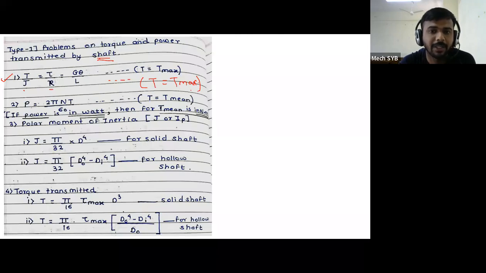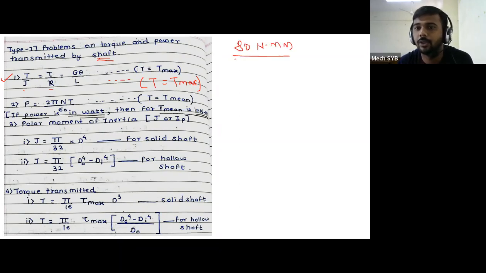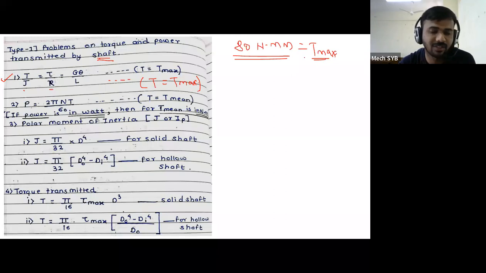That is, up to how much torque can a shaft transmit? For example, 80 Newton mm. So this 80 Newton mm represents the T max value. It means the shaft can sustain or transmit torque up to 80 Newton mm only.